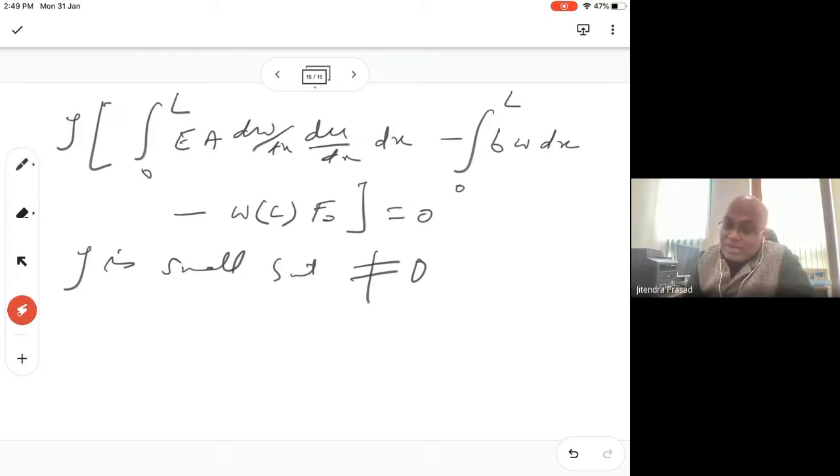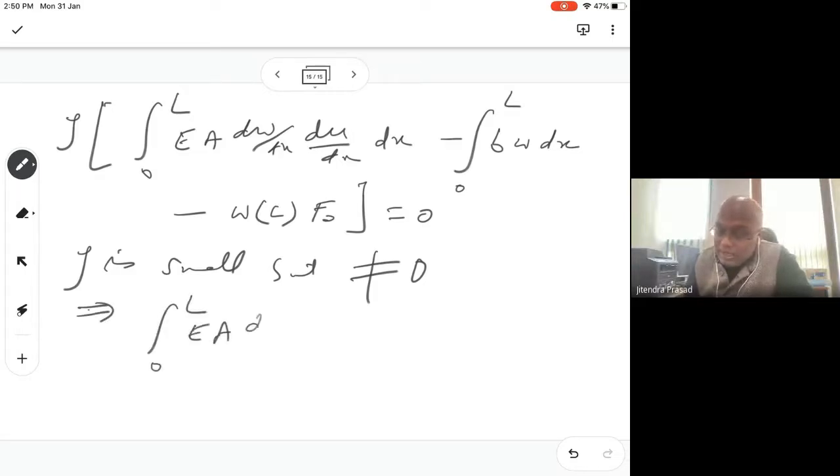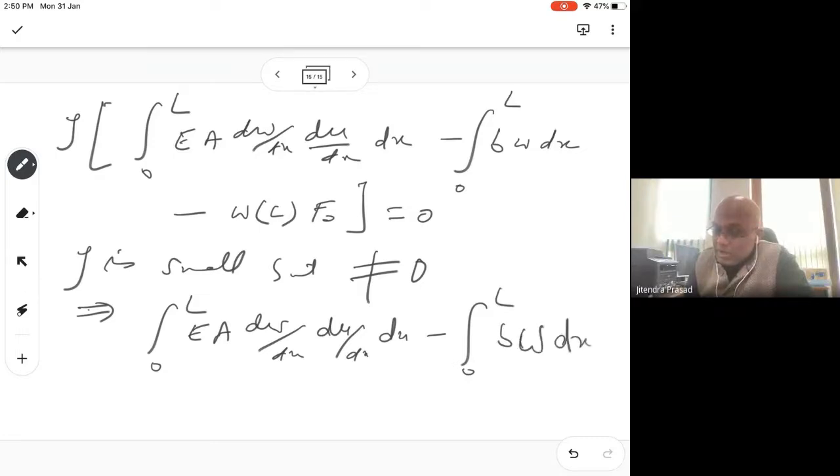Okay, so that means this thing has to be equal to 0. So we have 0 to L EA dw over dx du over dx minus 0 to L B w dx minus w at L F naught is equal to 0, which is also called the weak formulation.